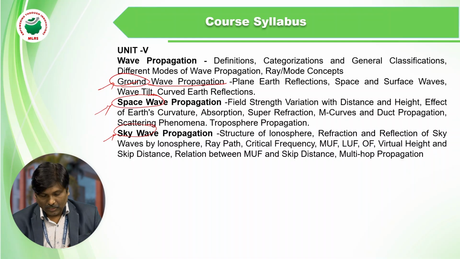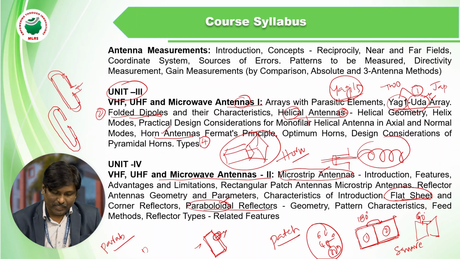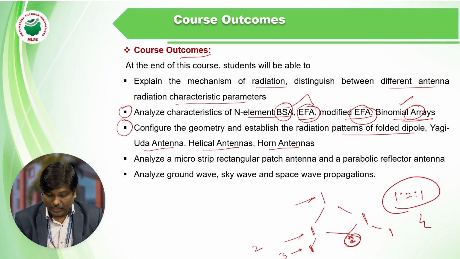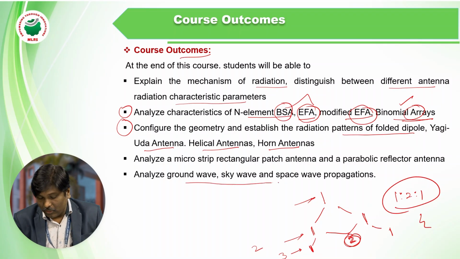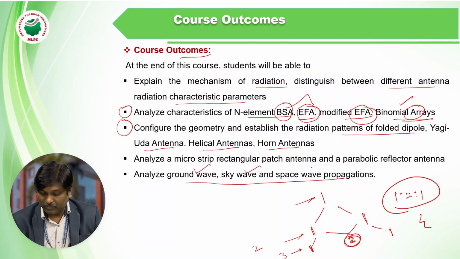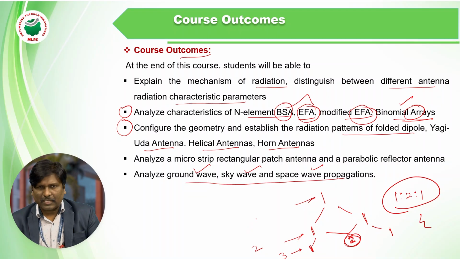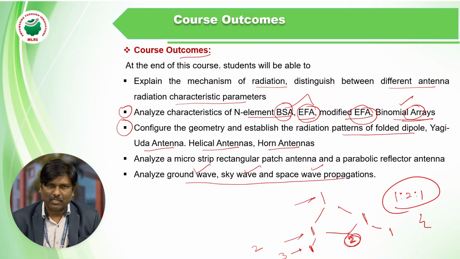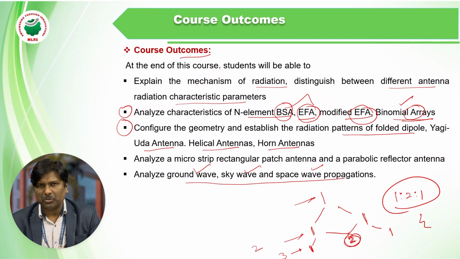So the outcome of the fifth unit or module is to analyze ground wave, sky wave and space wave propagations. We have three different propagations, and we can easily distinguish between their characteristics, frequency ranges, and where we can use them.